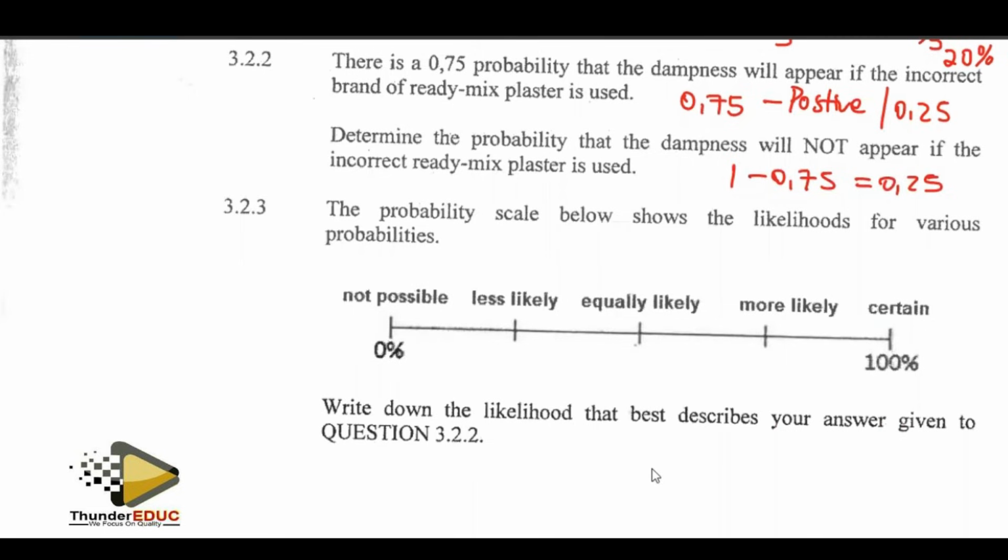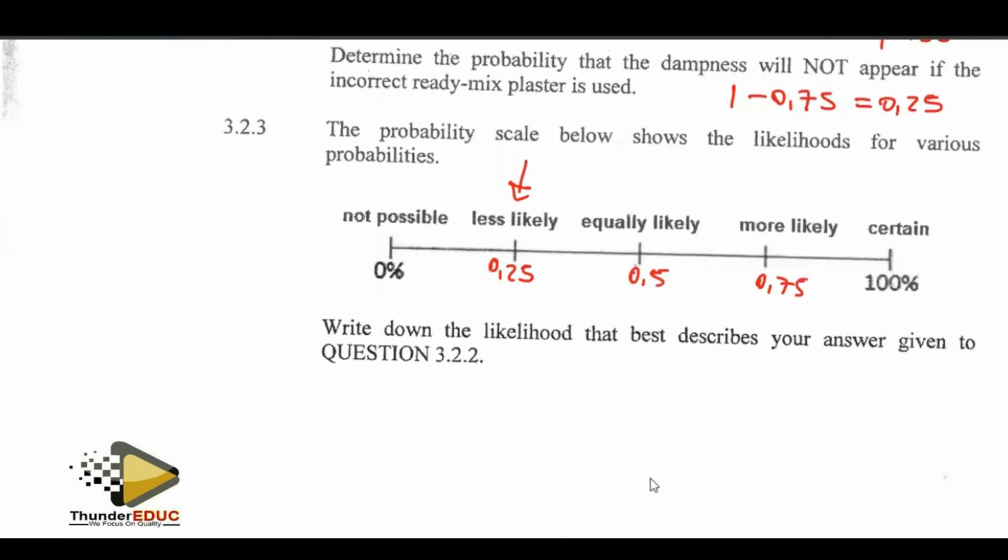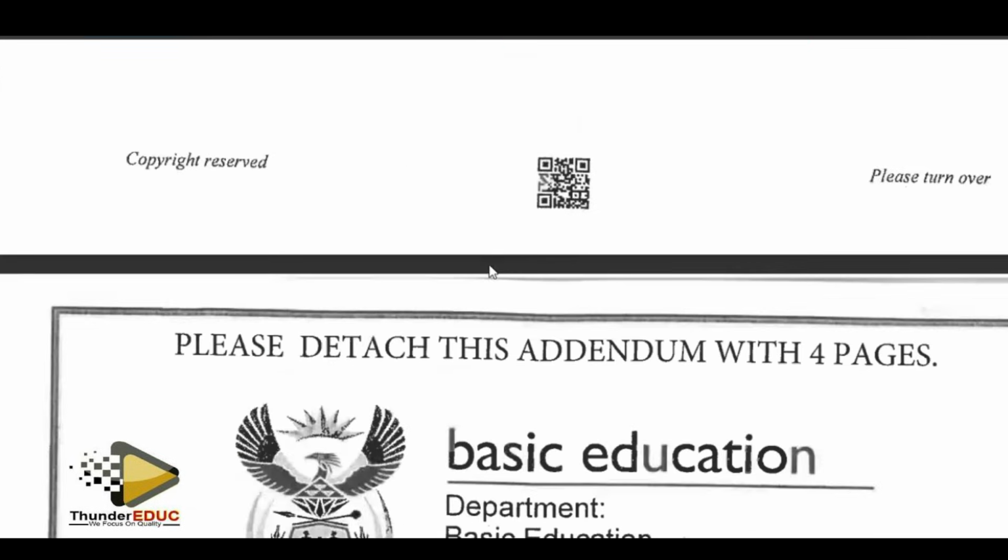This is 0%. We have 0.25, 0.5, 0.75, and it goes on. So this is where it is. It's less likely.